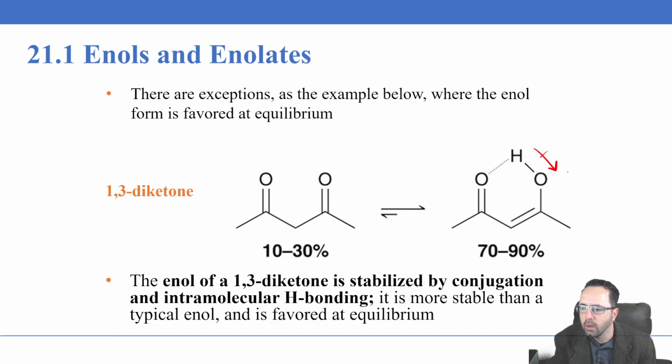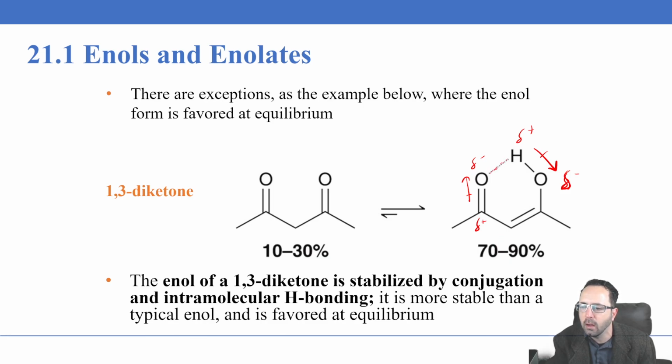The electrons will be positioned more towards the oxygen, giving it a partial negative charge. The hydrogen will have a partially positive charge, and in this carbon-oxygen double bond, as you know, the oxygen is more electronegative than the carbon, so you get a partially negative charge on the oxygen and a partially positive charge on the carbon.